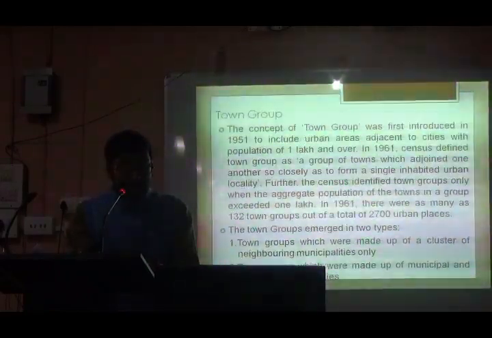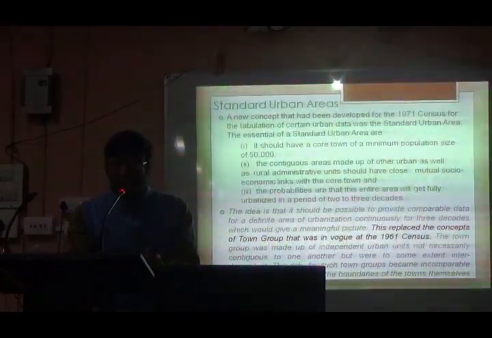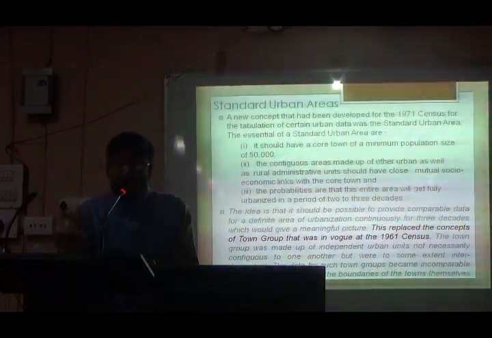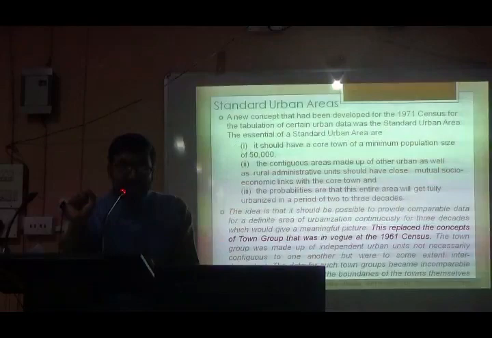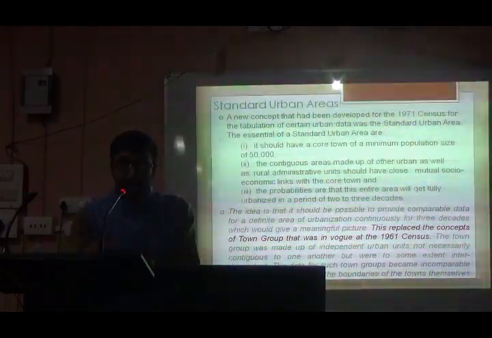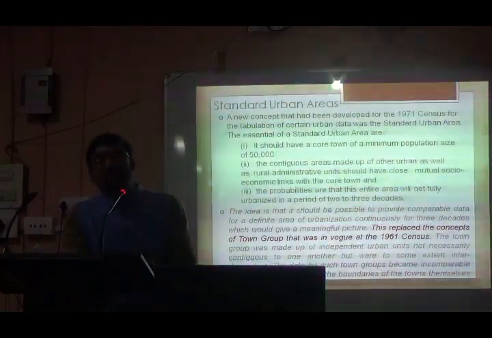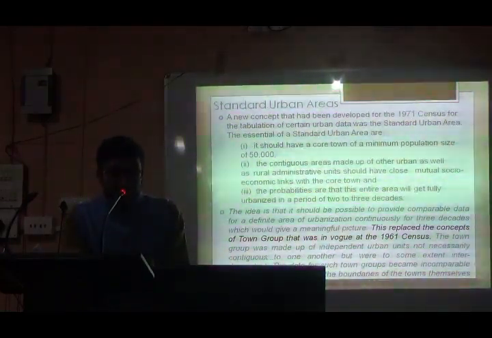In the case of town group, a fixed population size was not mentioned, but in the later half the Census of India determined a particular population size for being a standard urban area, that is 50,000.